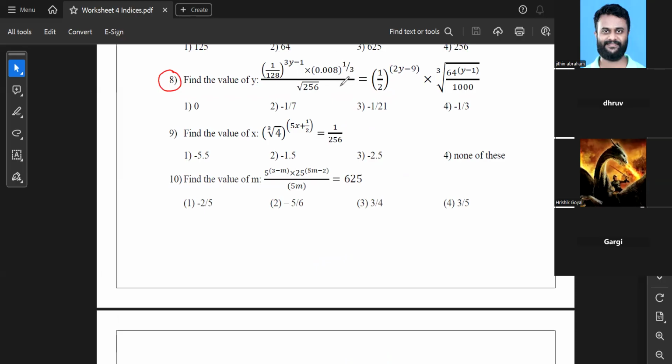Over here, the cube root of 0.008 goes as 0.2. I'll just simply tell you: convert this as 8 upon 1000, and then take the cube root. I hope this is clear.